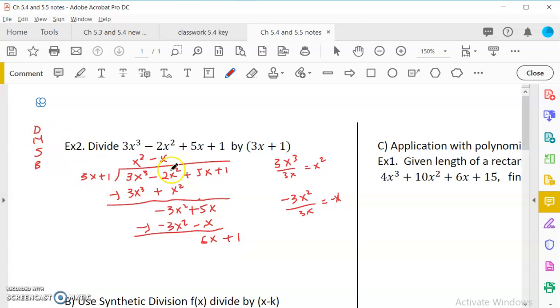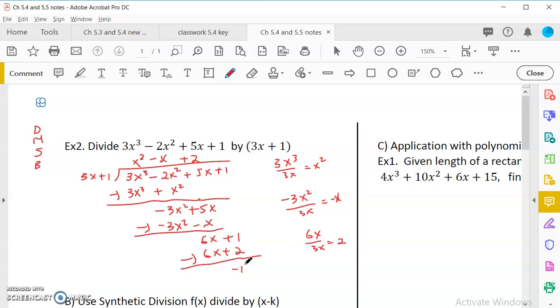Divide again: 6x over 3x equals 2, so plus 2. Then multiply: 2 times the divisor is 6x plus 2. Subtract, and 1 minus 2 is negative 1.